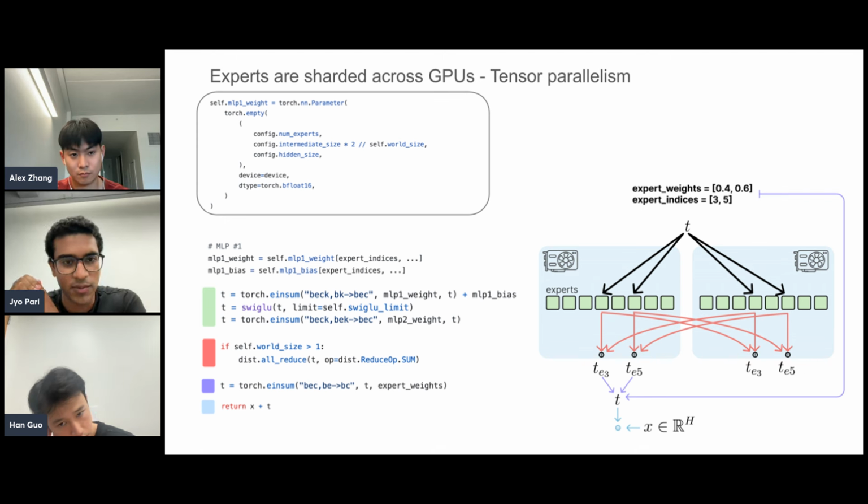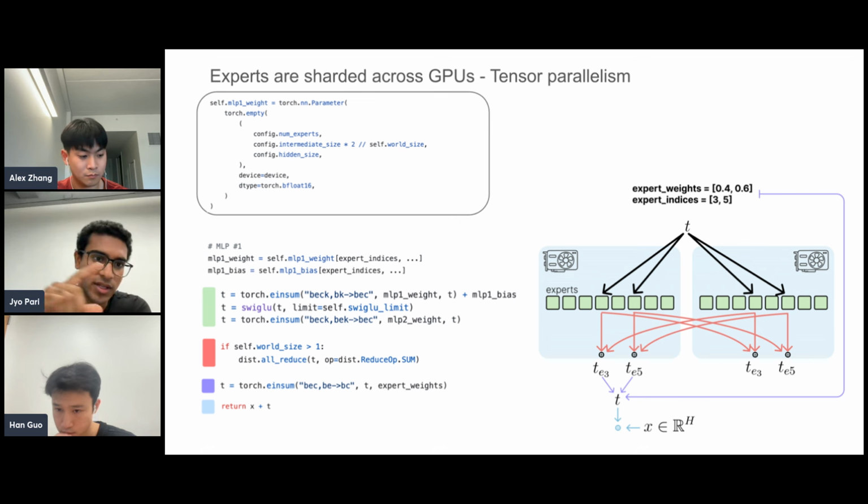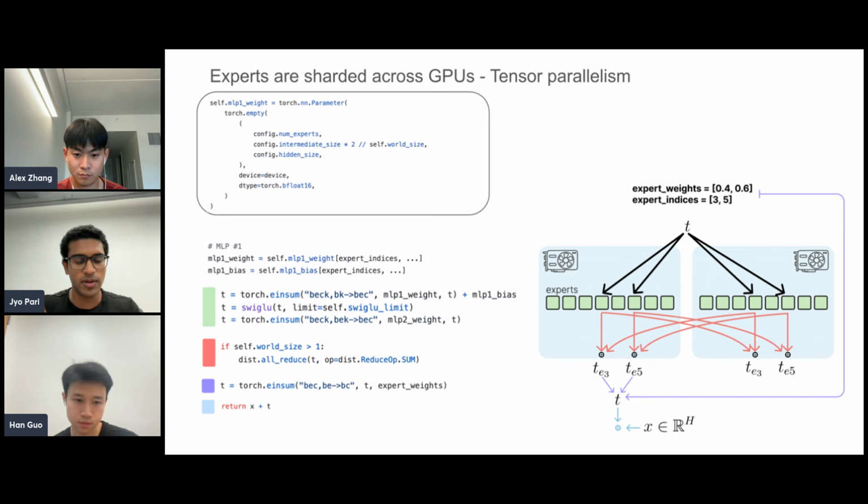Now, for this part, I want to touch upon briefly the tensor parallelism. If we look at just, for example, the first projection of the MLP, in the box above, in the top left, I have described how it's defined in the code. You can see that for every expert, it's actually just going to shard up on the output side. So each device contains all of our experts, but only a piece of the projection matrix.